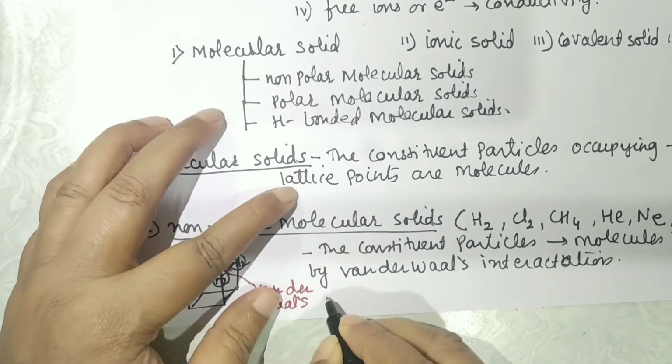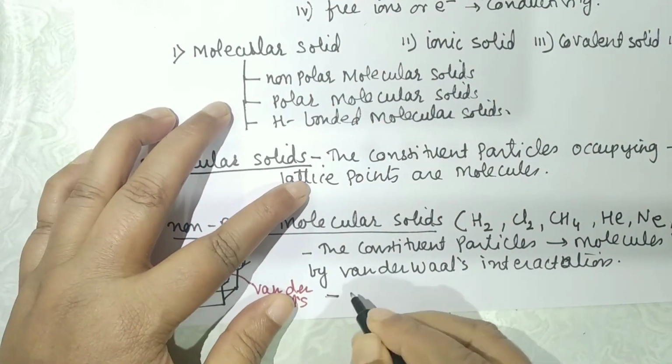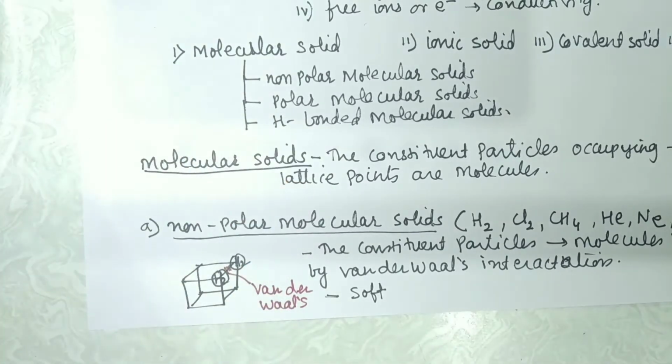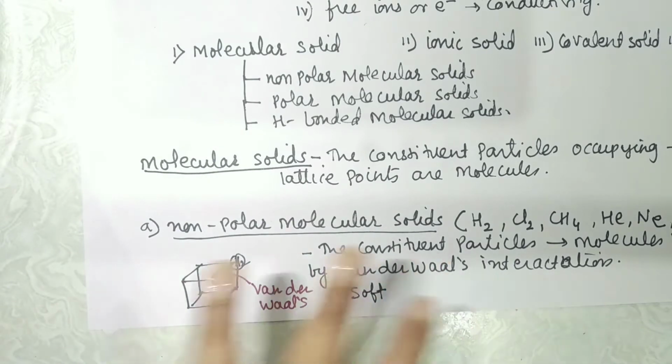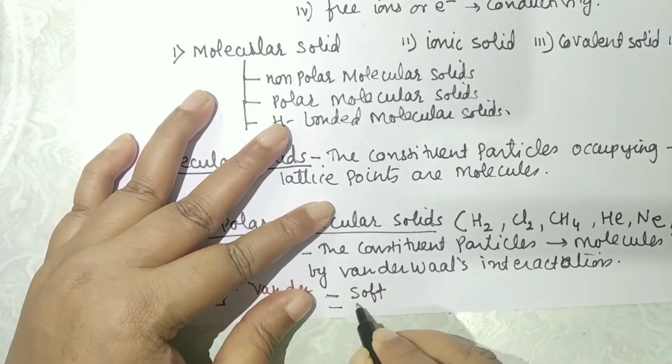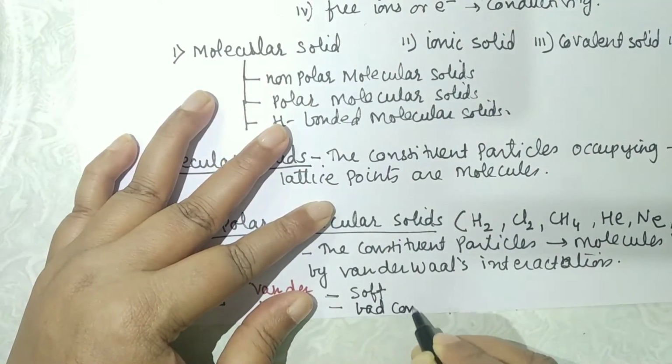So the characteristic of this crystal is that it is soft. Second, very important thing about this is that you can see that there is no free ion or free electron in the crystal, and therefore they are bad conductors of heat and electricity.